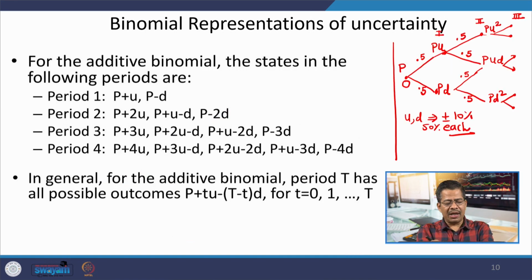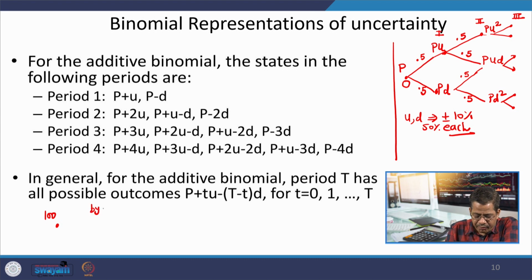Now, there can be additive situations also. In additive situations, if the initial price is 100 rupees, I will say that the price will increase or decrease by 10 rupees. So in period 1, the price will become 110 or 90.